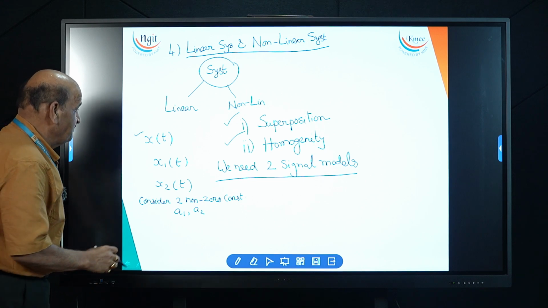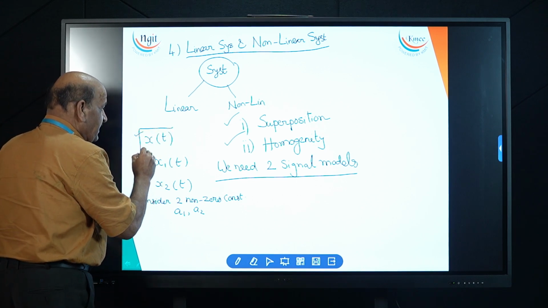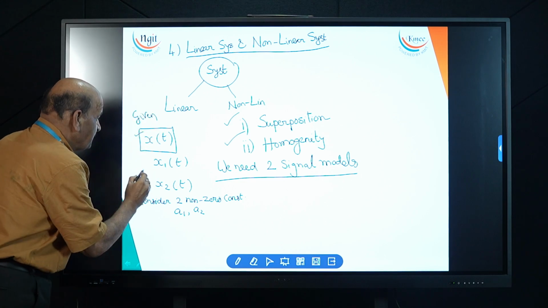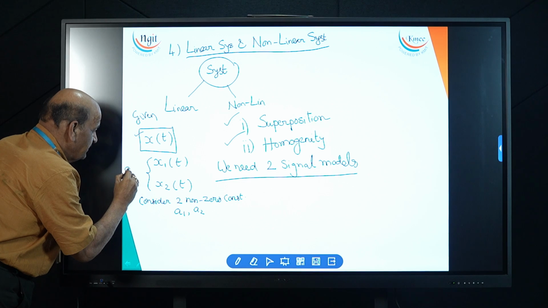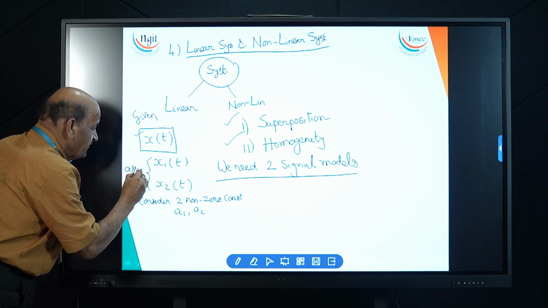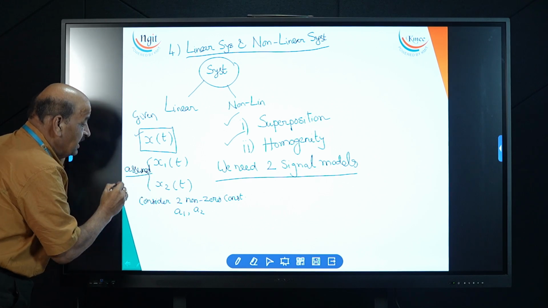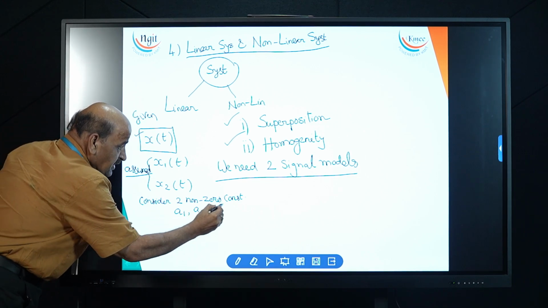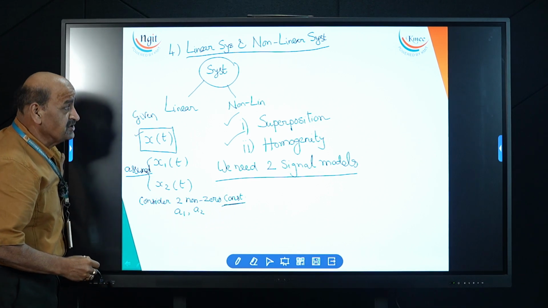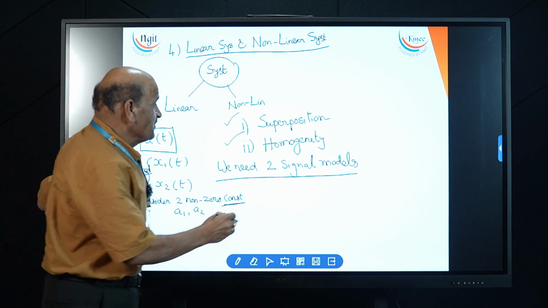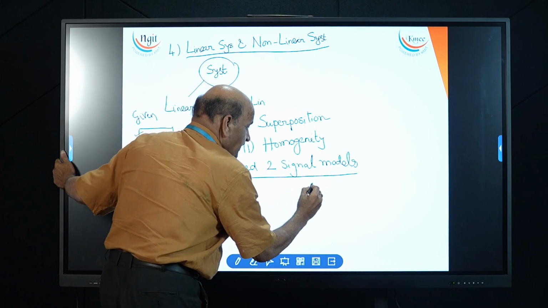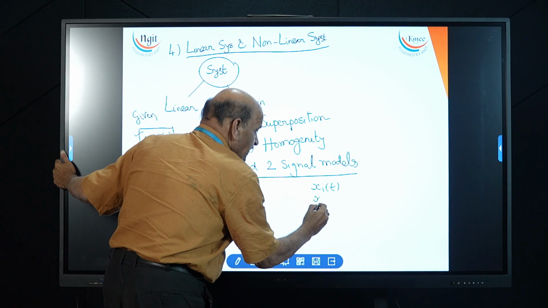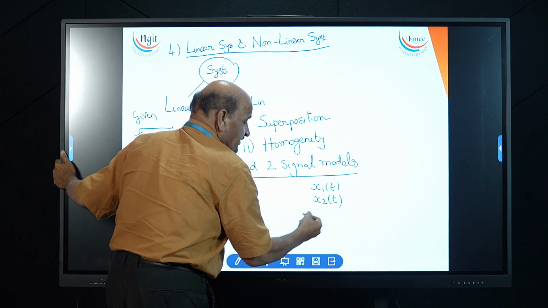Now come back to this. This is the given signal. These two are the assumed signals. And a1, a2 are constants. Now look: x1 of t is one signal, x2 of t is another signal.